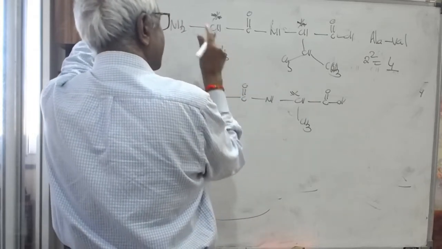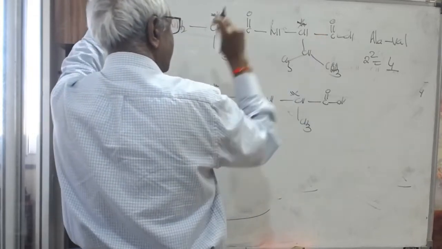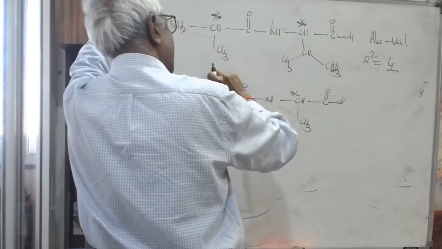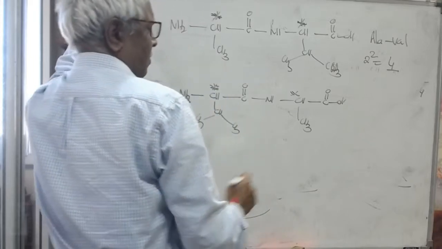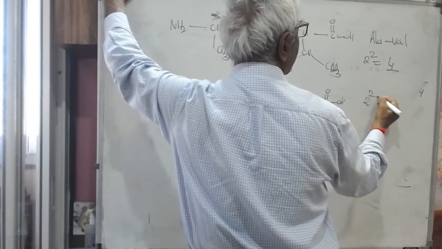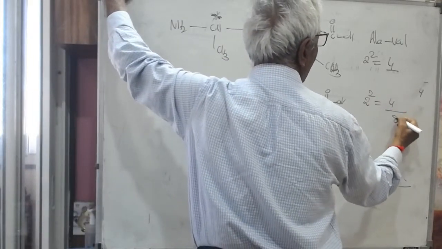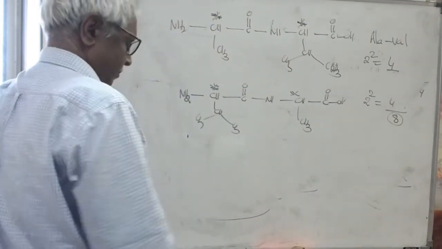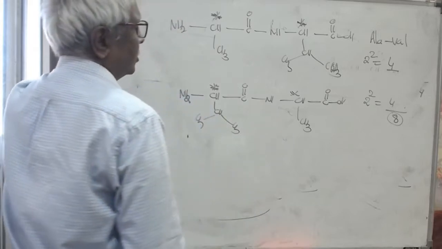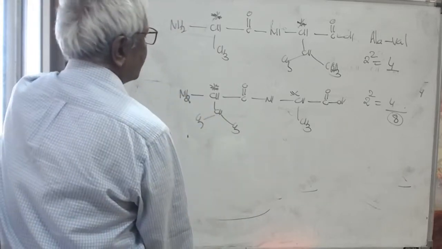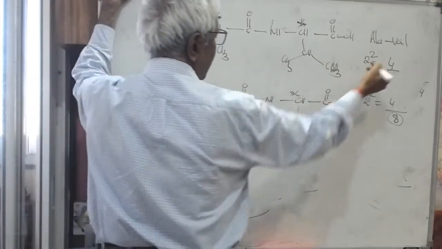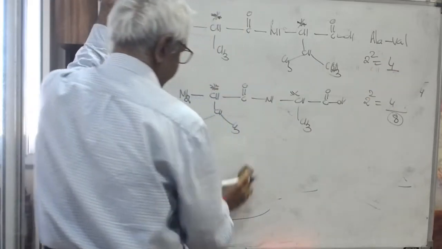Here dextro, here also dextro, here levo, here levo, here dextro, here levo, here levo, here dextro. 4. So 2 to the power of 2, 4. Total how many including stereoisomers? Suppose if you say that I have used only L configuration, then only 50%.